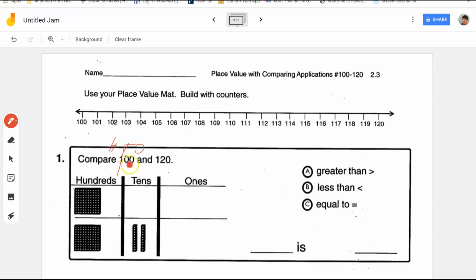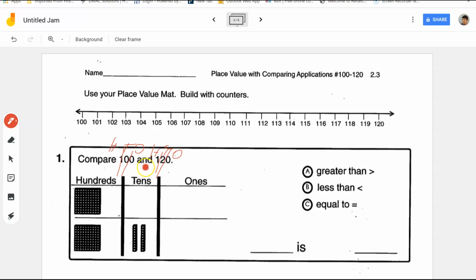We trace our 2 lanes here, and then here again our 2 lanes, and we have hundreds, tens, and ones. So 100, it has 100. How many tens? 0, so we don't do anything here. How many ones? 0, so we don't do anything here.